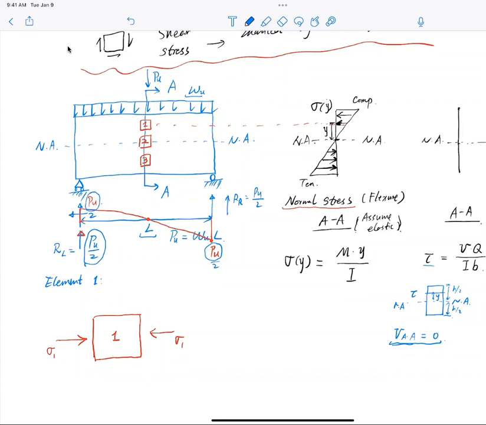That means the maximum normal stress happens at a different location from the maximum shear stress. So for a simply supported beam, you don't really worry about shear too much in the middle section. You worry about the bending moment. That is the normal stress design we have talked about.